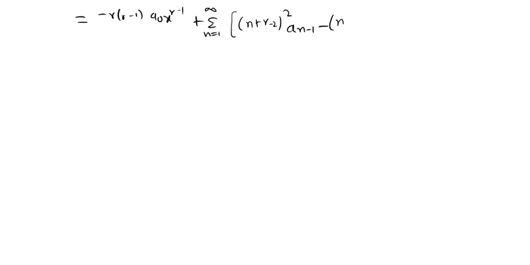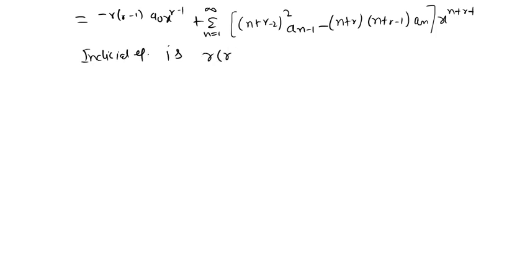Then you have (n plus r minus 1) an x^(n plus r minus 1). So the initial equation gives you r minus 1 equal to 0. So you have two roots, r equal to 0 and 1, and of course the bigger is r equal to 1.